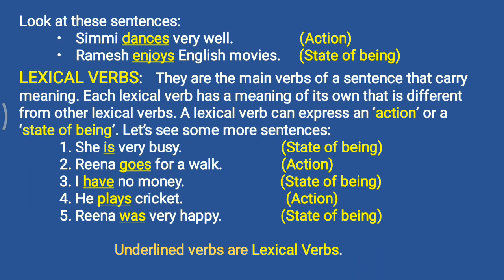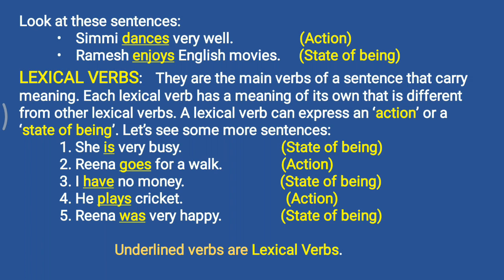First of all, look at these sentences. Simi dances very well. Ramesh enjoys English movies. Here the words dances and enjoys are underlined and they show action and state of being respectively. These examples are related with our first type, that is lexical verb.